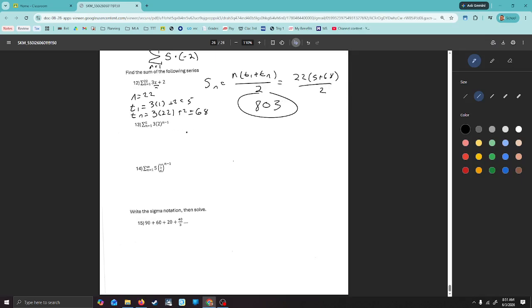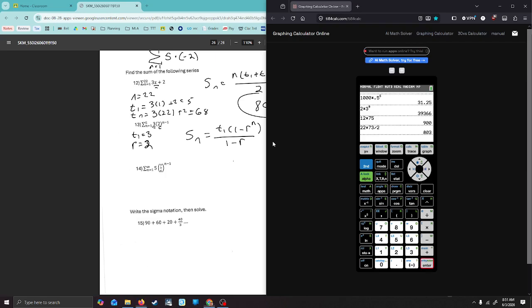Over here, we got to use this formula because it's geometric, so Sn equals T1 times (1 minus R to the n power) over 1 minus R. So you got to figure out T1 is 3. You could caveman it, or you know the first term is going to be 3. And then the second thing is going to be inside the parentheses your R, which is 2.